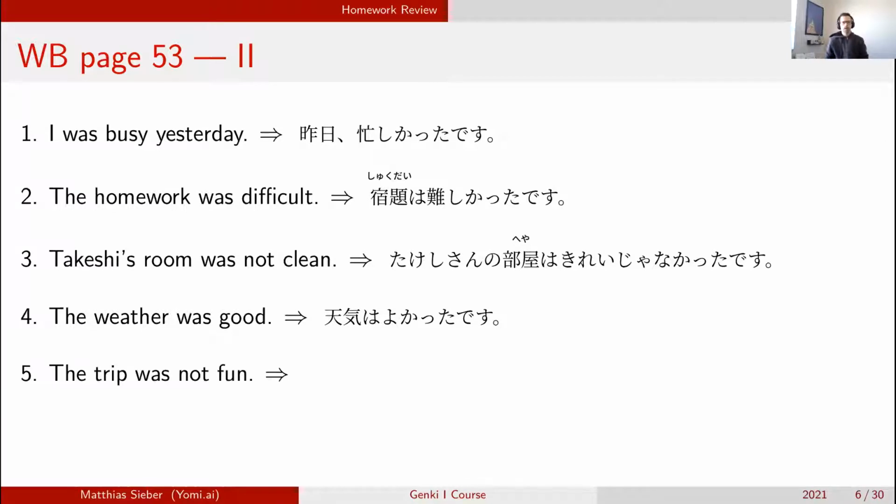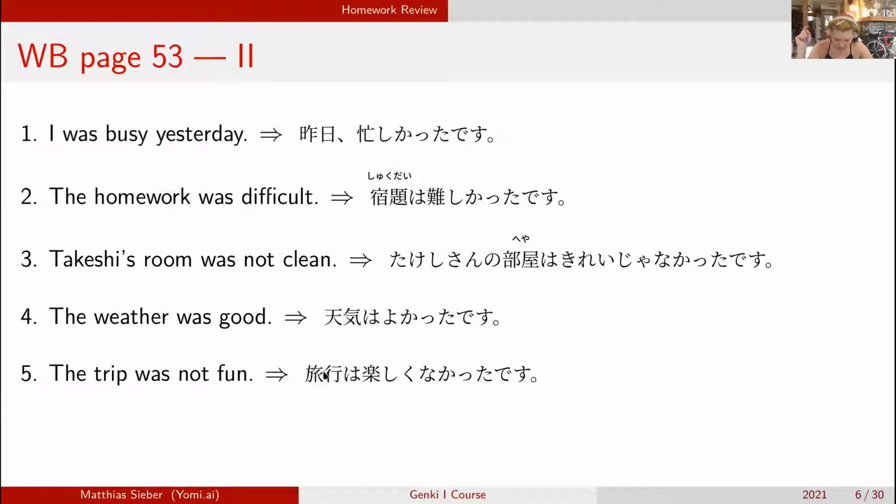Very good. And next, the trip was not fun, Katya-san. 旅行は楽しくかったです。Close. Koko, right? Previous chapter was the trip to Okinawa.